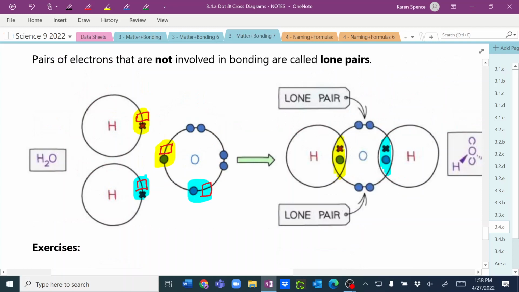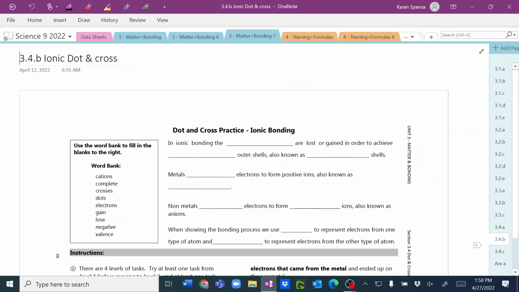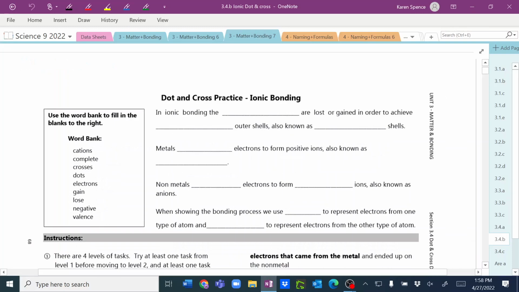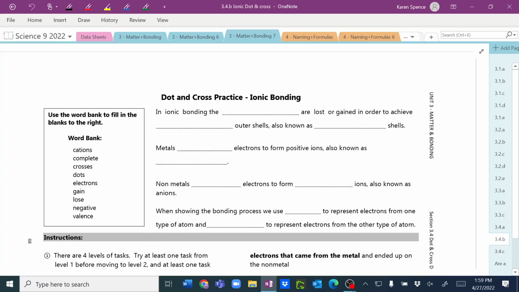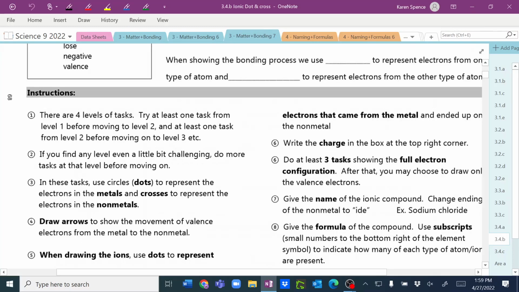Okay, we're going to skip the exercises for now, and we're going to go to 3.4b. I'm going to leave the word bank questions for you, and I'm just going to explain how these exercises work. We are on page 68. There are 4 levels of tasks. They get more and more difficult from level 1 to level 2 to level 3 to level 4.